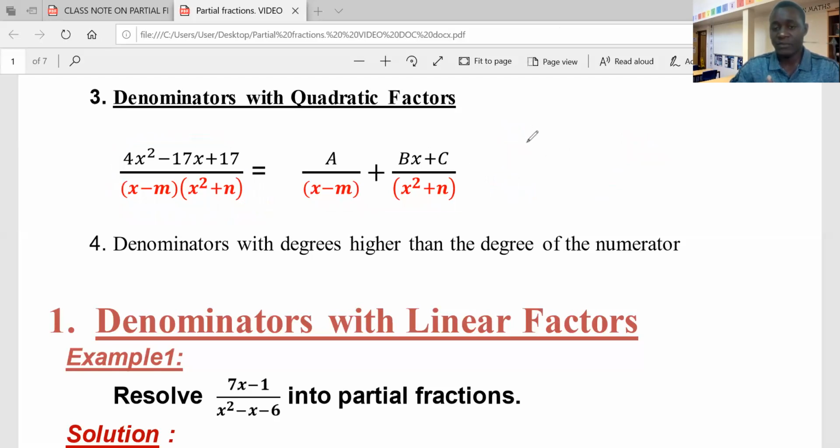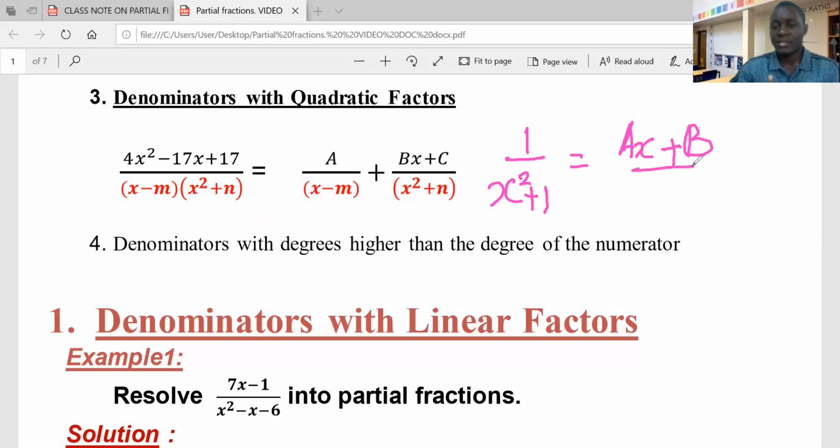So let me go again. If I have the compound fraction in this form, let's say we have 1 over x squared plus 1. Remember, this denominator is a quadratic denominator, which is non-factorizable. It cannot be factorized. So the decomposition will look like this: Ax plus B over x squared plus 1.